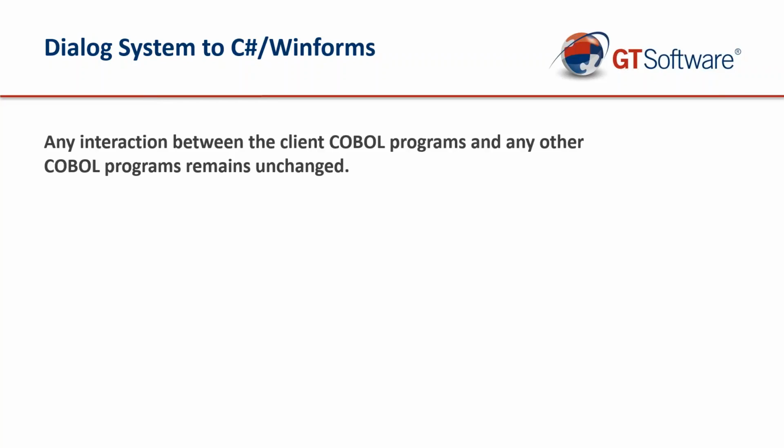If there are any other COBOL programs that are running at the back end of your system, then basically those don't have to be changed at all. There's no need to change those because they're going to operate as they have normally operated.